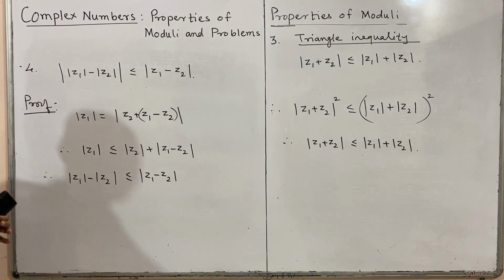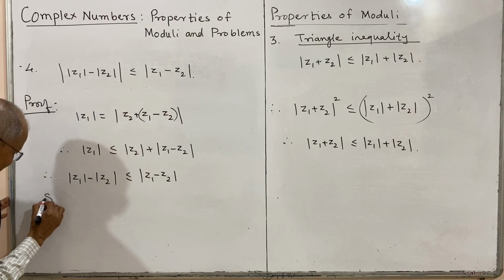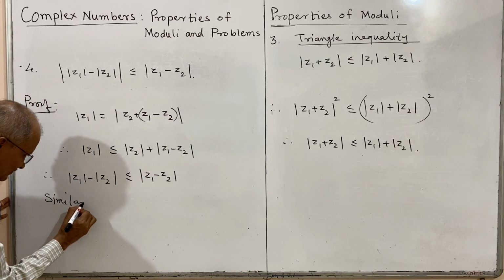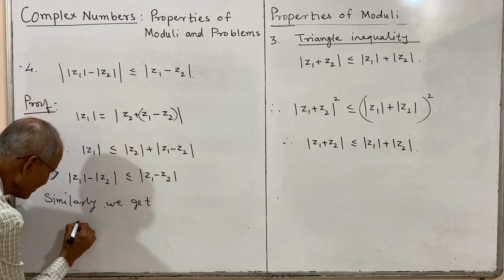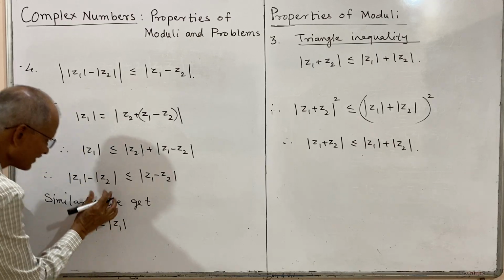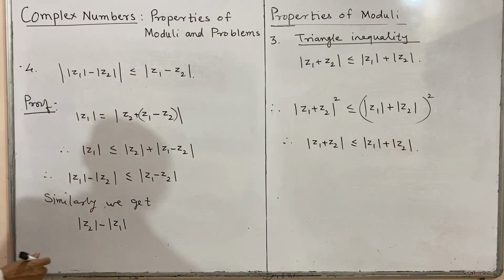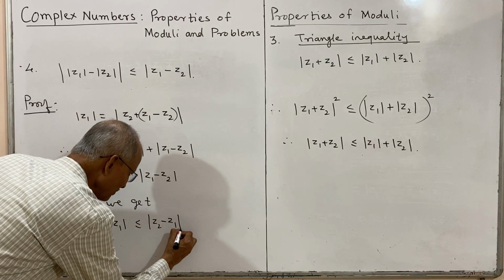And similarly, now we are interchanging the roles of z1 and z2. We get mod of z2 minus mod of z1 is less than or equal to mod of z2 minus z1.